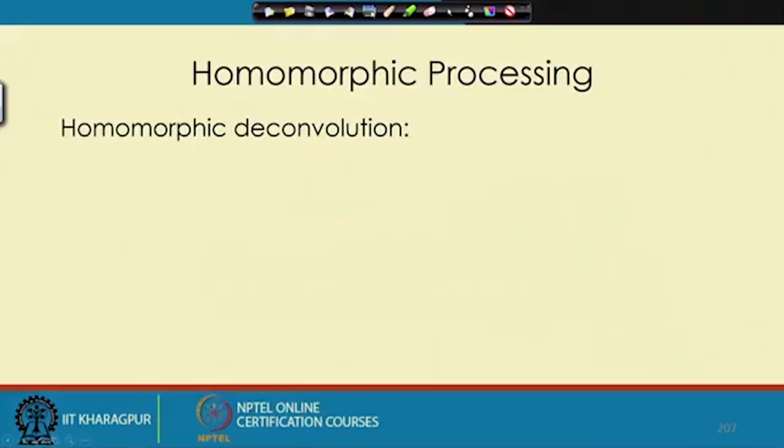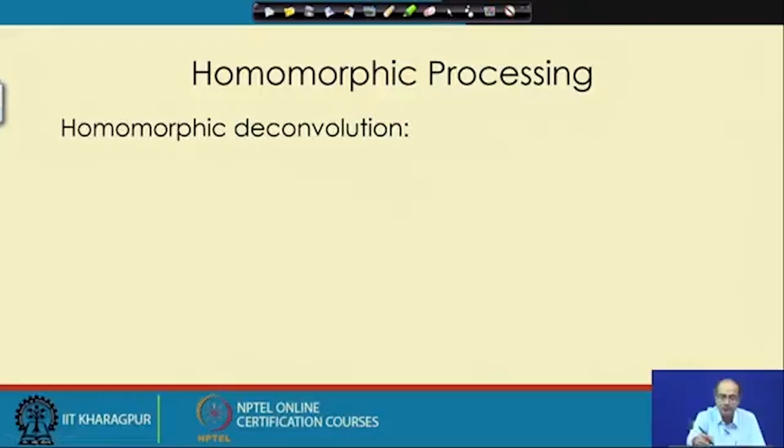Convolution makes it even more difficult to separate them out, but we can make use of homomorphic filtering to take care of them, or in other words to separate them, to get rid of the interference.